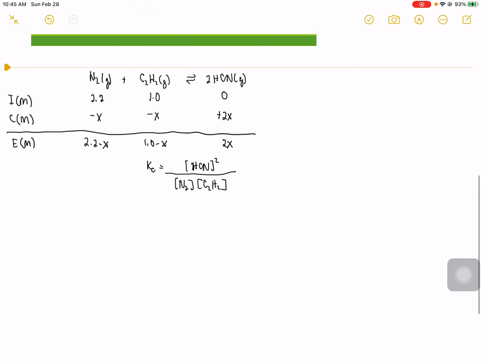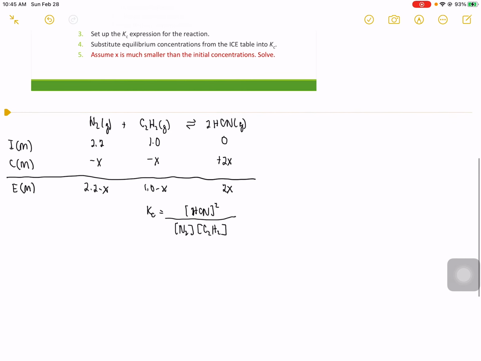We now write 2.3 times 10 to the negative 4 equal to, for hydrogen cyanide at equilibrium, that should then be (2x) squared divided by, for nitrogen, that's 2.2 minus x, and also for acetylene that would be 1 minus x.